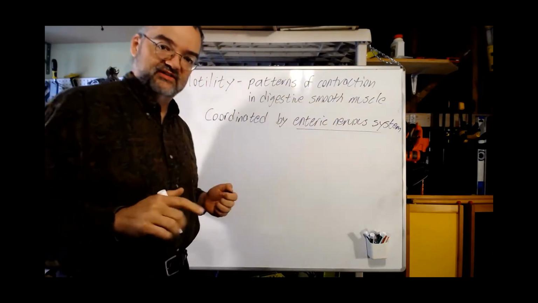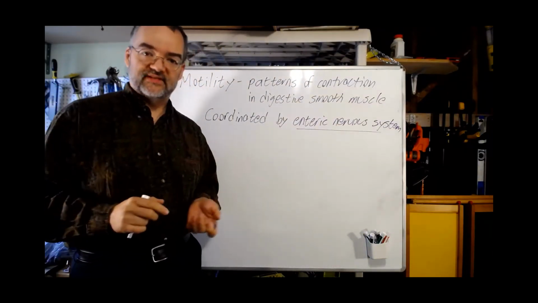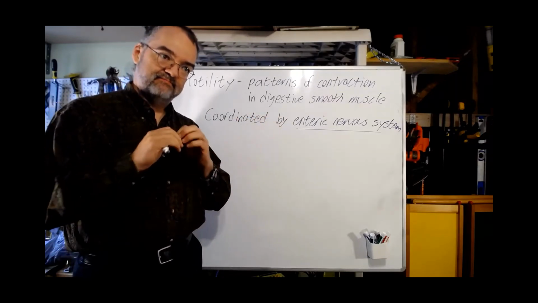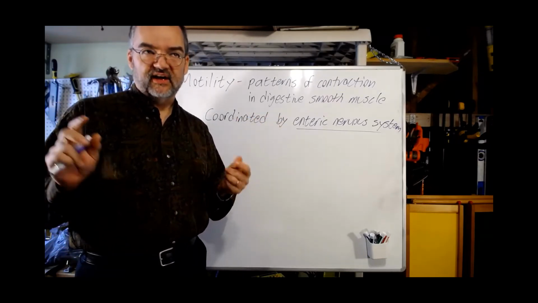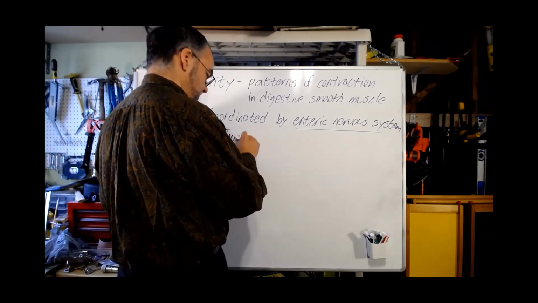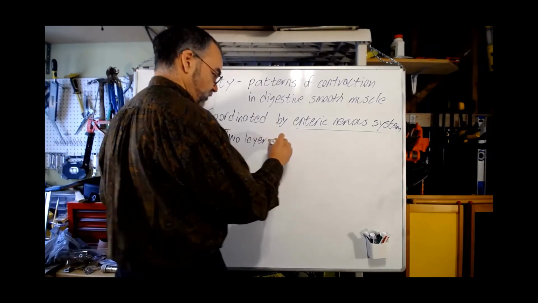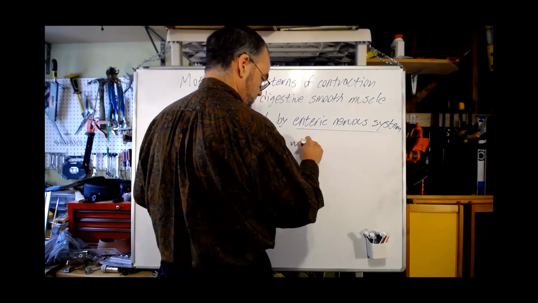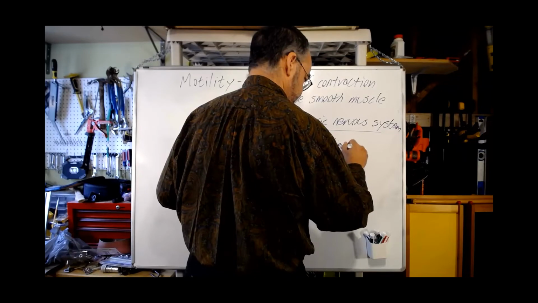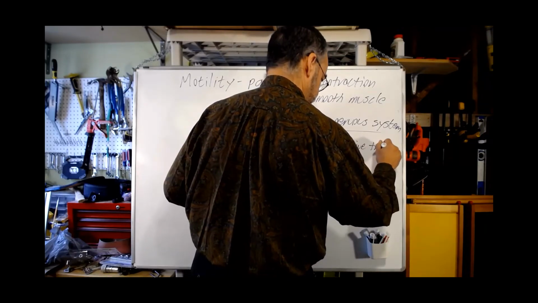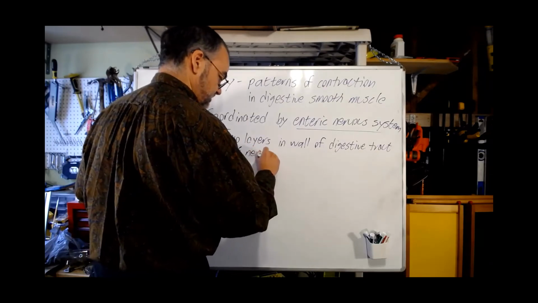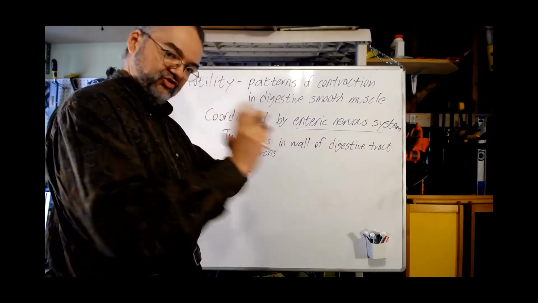Enteric, that word generally means having to do with the digestive tract. The enteric nervous system is this mesh of neurons, mostly organized in 2 layers in the wall of the digestive tract. So this is 2 layers of neurons that form sort of a mesh along the way.